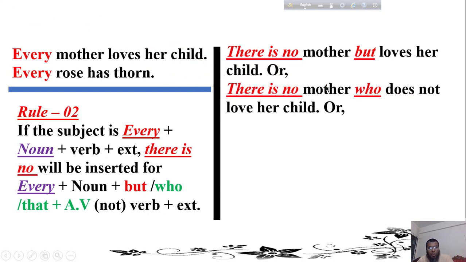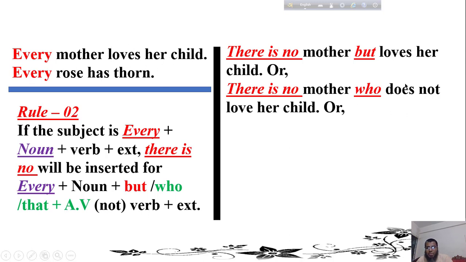What is the way? Of course, where there is "every", we can use "there is no", then the noun mother, and as the mother is a person, we can use "who" here. And as there are no auxiliaries here, following the verb or tense, we use "does not", because the verb is formed with s or es.